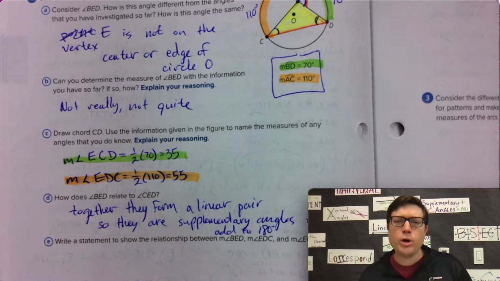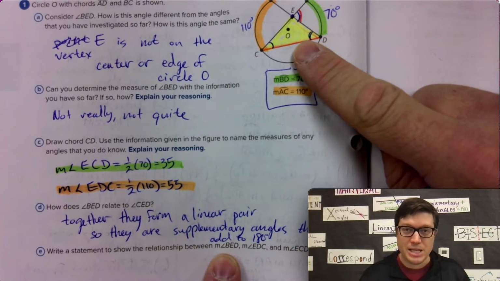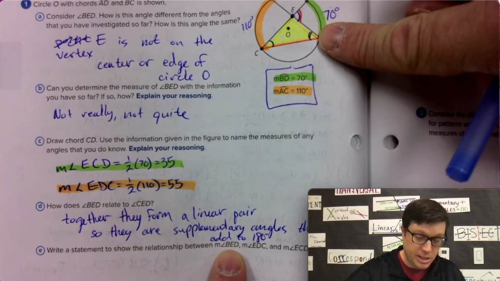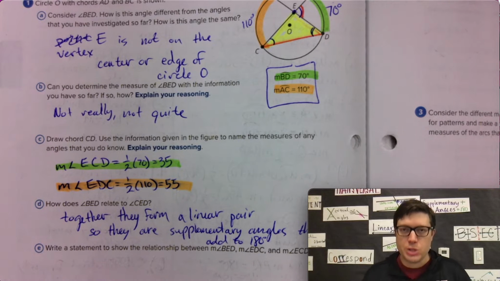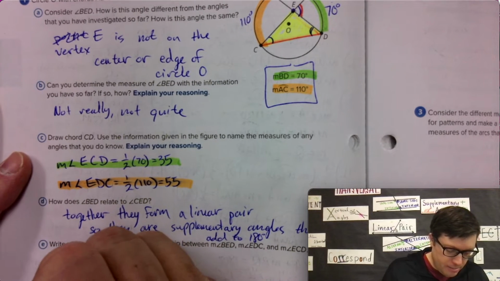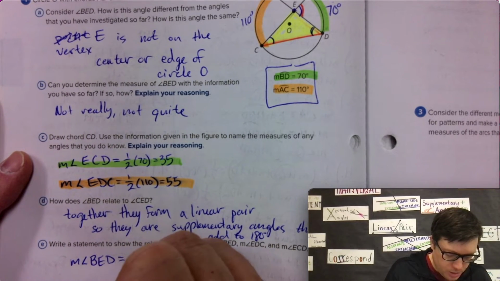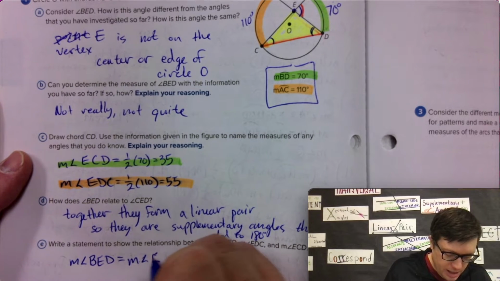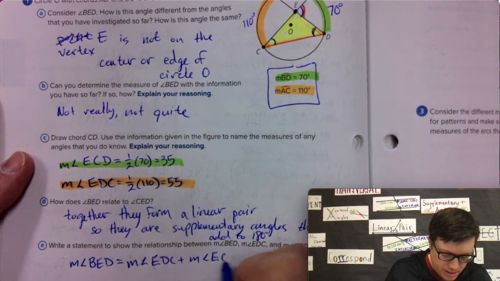Okay, we're going to write a statement to show the relationship between angle BED and EDC and ECD. And it's really what we already did when we had the exterior angles of a triangle theorem. So I'm going to say the measure of angle BED equals the measure of angle EDC plus the measure of angle ECD.